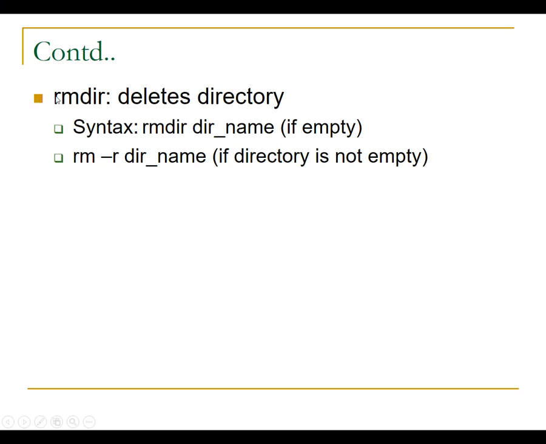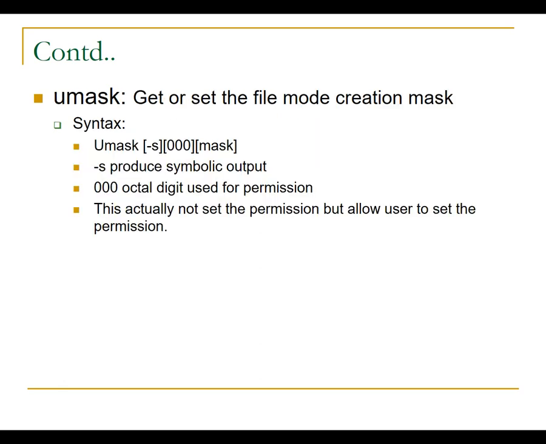As you can see on the screen, lastly we completed the discussion of rmdir. Now we'll discuss the umask command. The theory of umask says that the umask command is used to get or set the file mode creation mask.